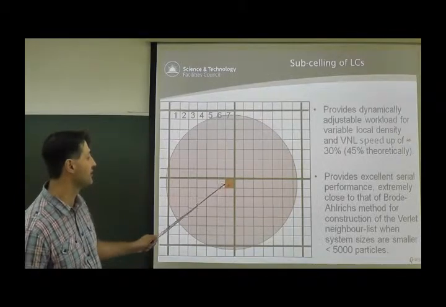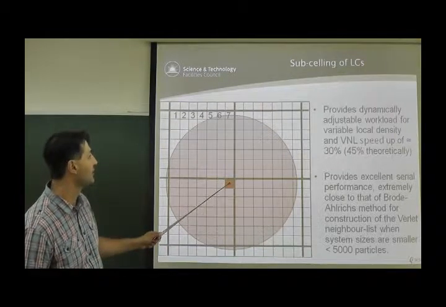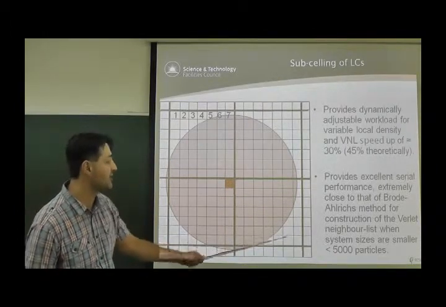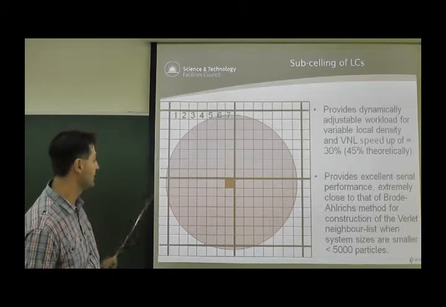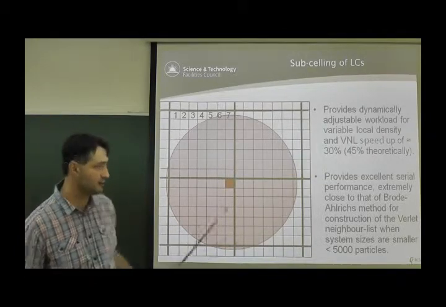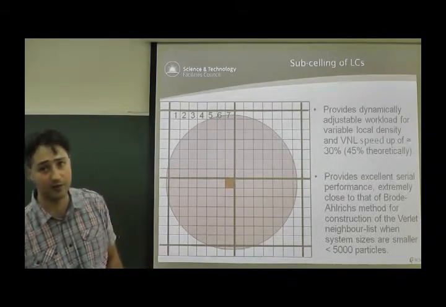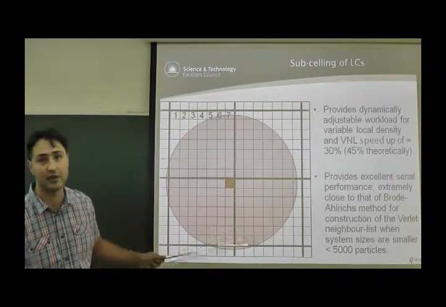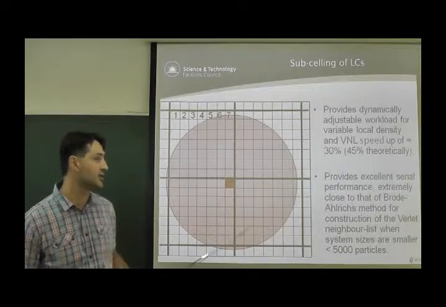And essentially, instead of looking for all particles outside that sphere and losing time, we can make this more efficient, and we can gain some performance, which theoretically is about 45%. But in practice it's about 30% because we complicate the search.